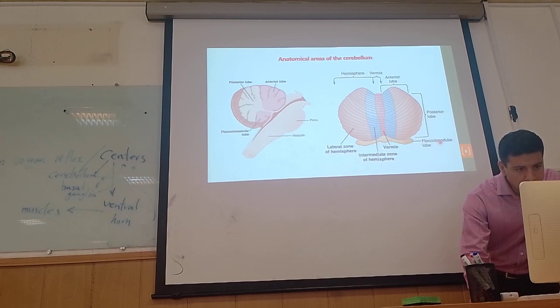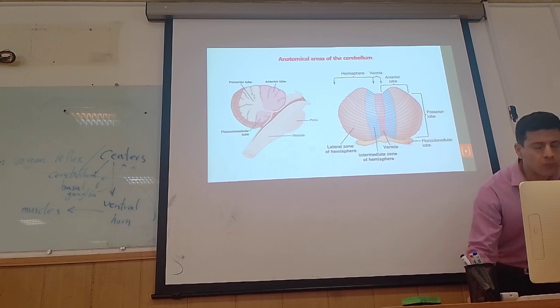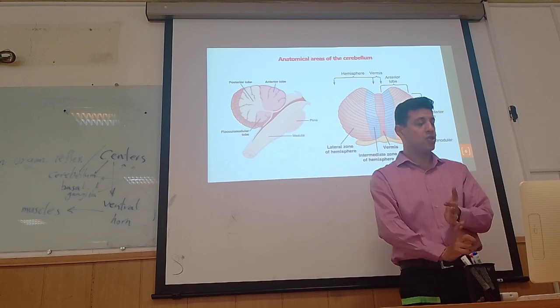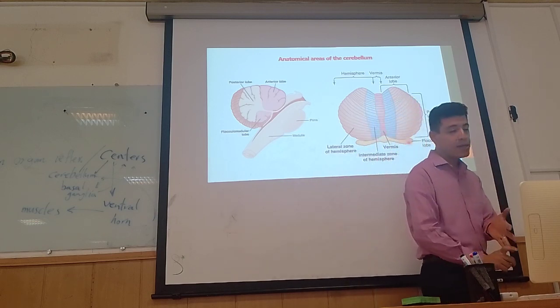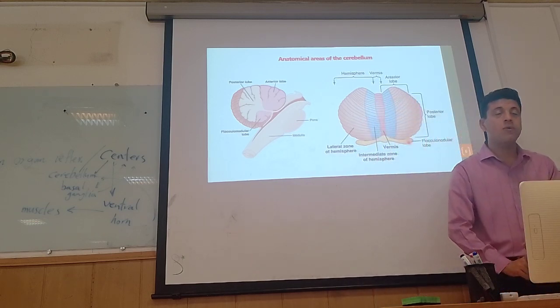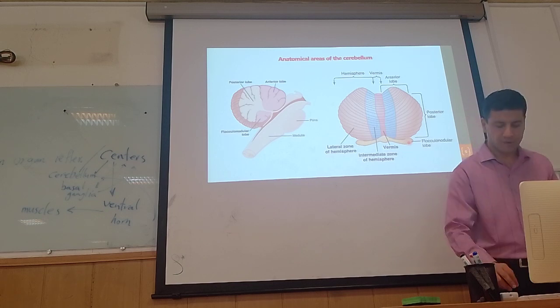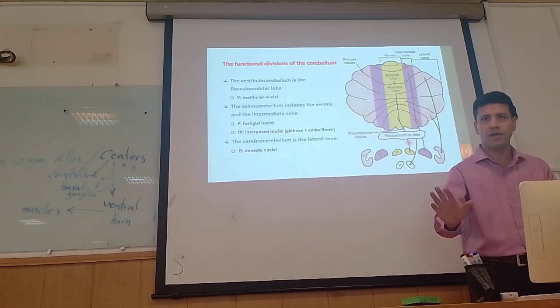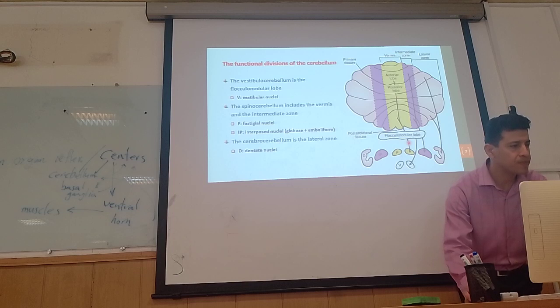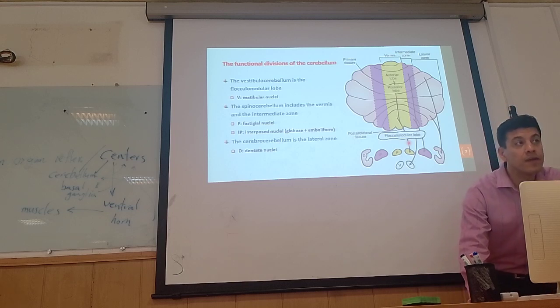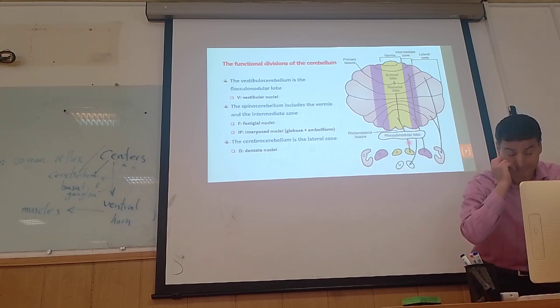Part of the floccular nodular lobe is in the vermis: the nodular part is in the vermis, and the floccular part is here. So we have the floccular nodular lobe, vermis, intermediate zone, and lateral zone. You are familiar with this. Now, the functional divisions based on the connections.